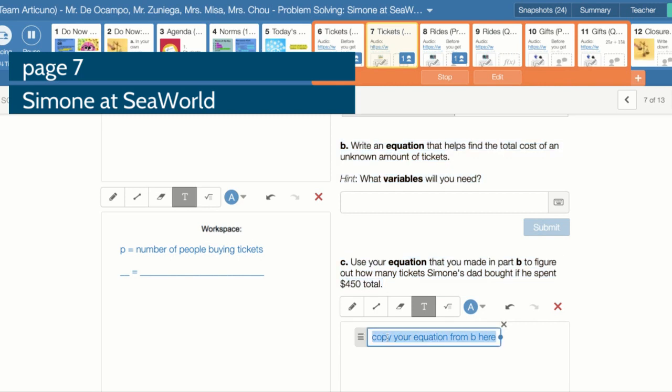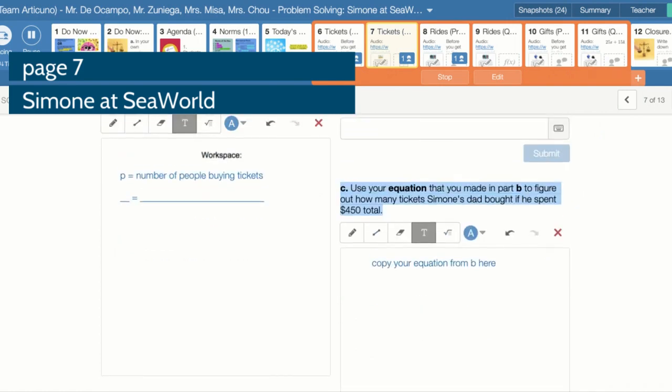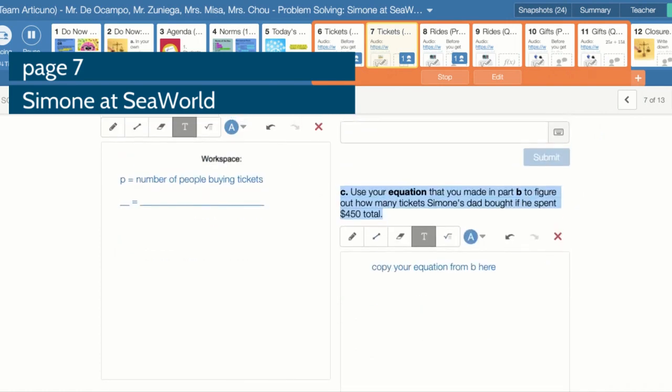So your equation that you copy here should help you answer this question, all right? And you'll be doing some math with that equation, all right? So those are the hints for pages 6 and 7.